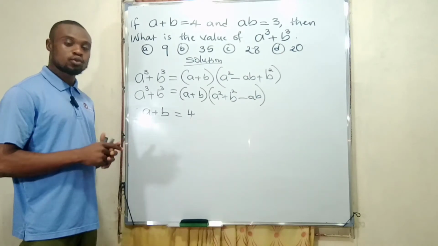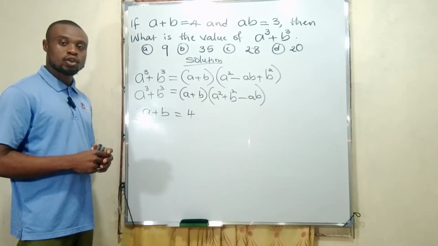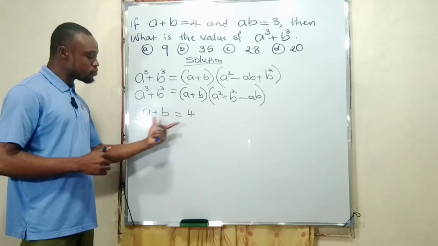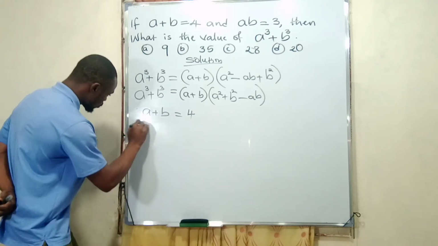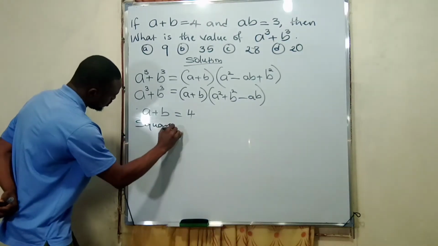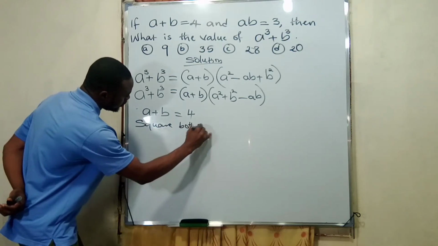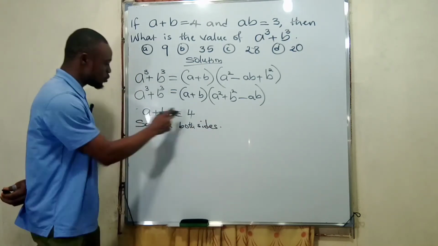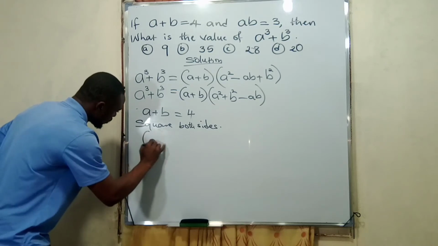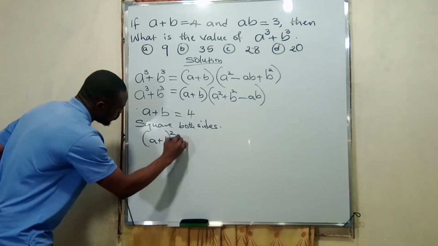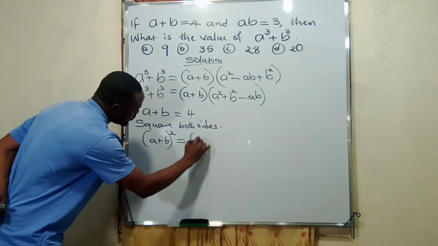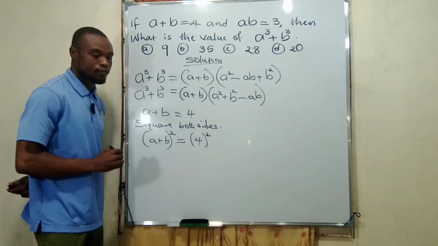So the first thing we're going to do here is to square both sides. Squaring both sides of this, we now have a plus b squared is equal to, let me put it in bracket, 4 squared.